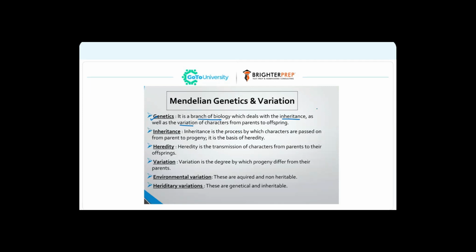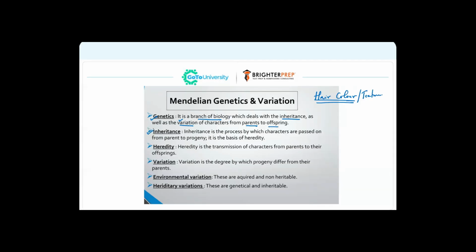For example, considering a particular trait like hair color, if a child inherits hair color or texture from a parent, it might have a similar texture or color, but it might have some difference as well. That is what variation refers to. So genetics deals with the inheritance as well as the variation of characters from parents to offspring.